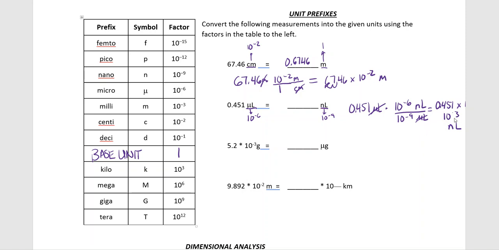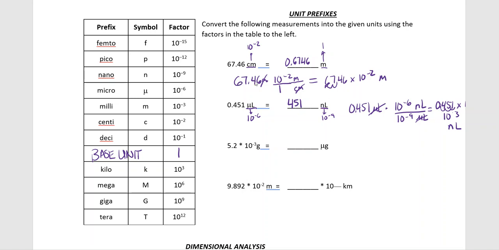So 0.451 times 10 to the 3rd nanoliters. 10 to the 3rd means I move the decimal point 3 places to the right, and the final answer is 451 nanoliters, right? So when I take 10 to the negative 6 divided by 10 to the negative 9th, the answer is 10 to the 3rd. I multiply that by 0.451, and I get my final answer. Okay.